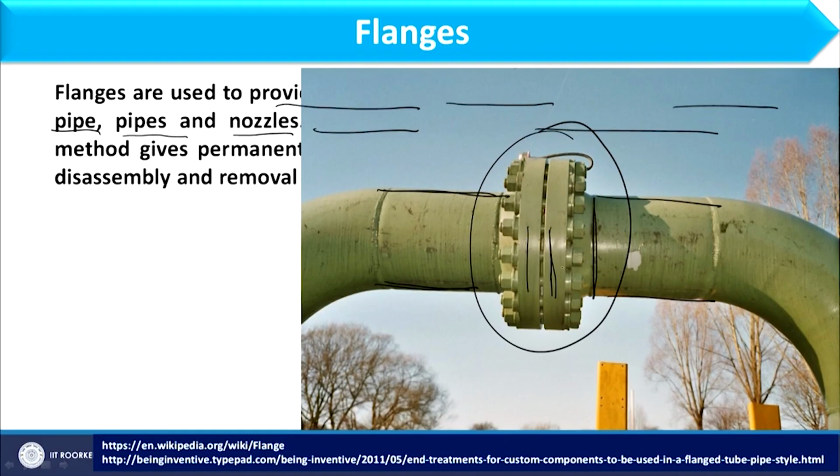These discs should be aligned to each other to prepare a leak proof joint. So, flanges usually come in pairs. One flange will be welded to this pipe, the second flange will be welded to this pipe, and then these discs will be connected through bolts. As you can see, these are the bolts. Through these bolts the discs are connected, and the whole assembly we can call a flange.